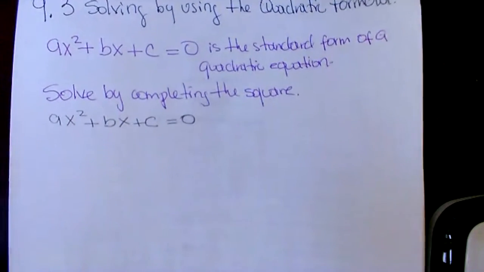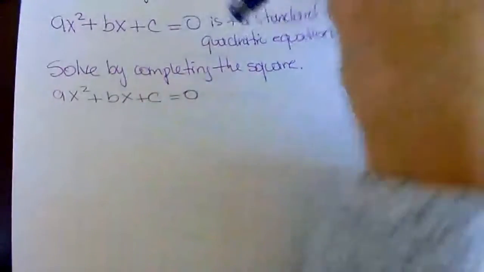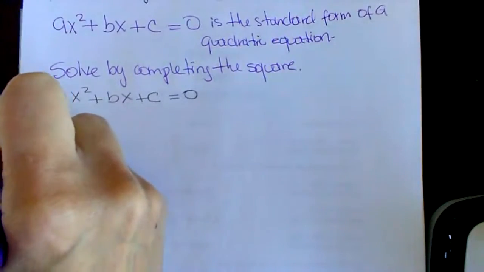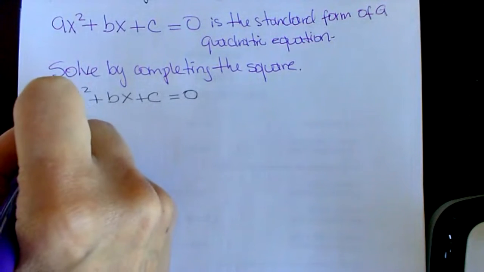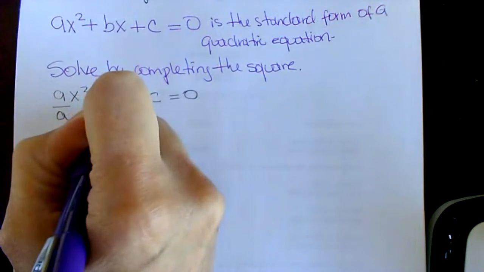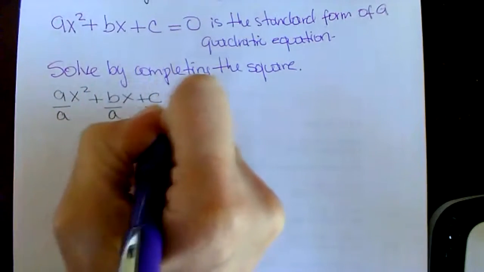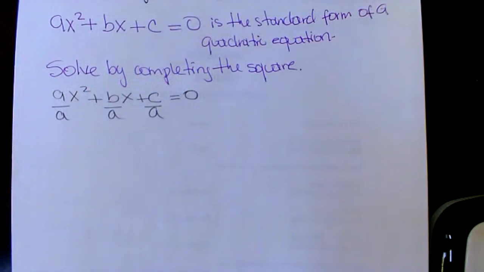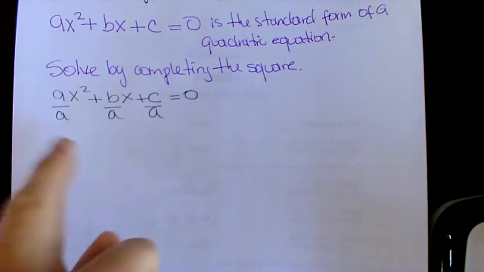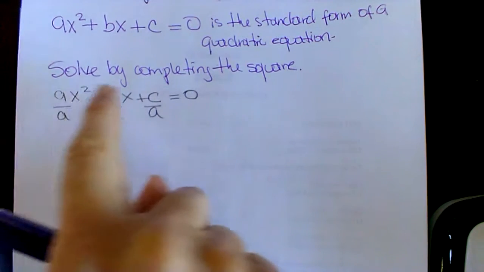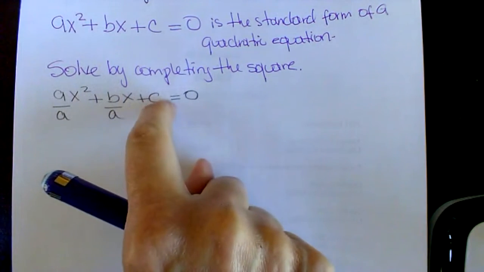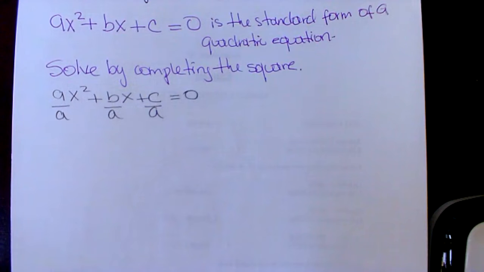Because we're completing the square, first I'm going to get rid of the coefficient, right? So I'm going to divide by a. What I'm doing right now is deriving from completing the square. I'm going to get to the quadratic formula, okay?